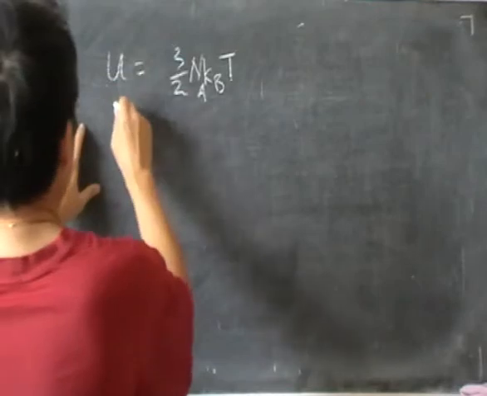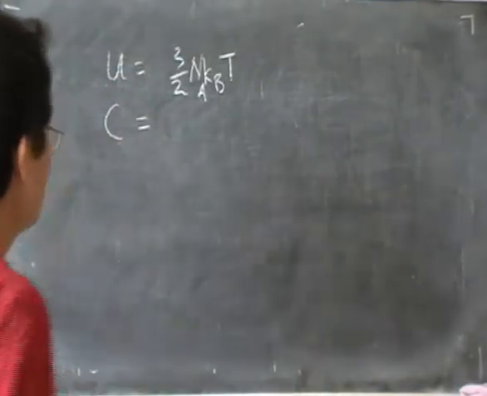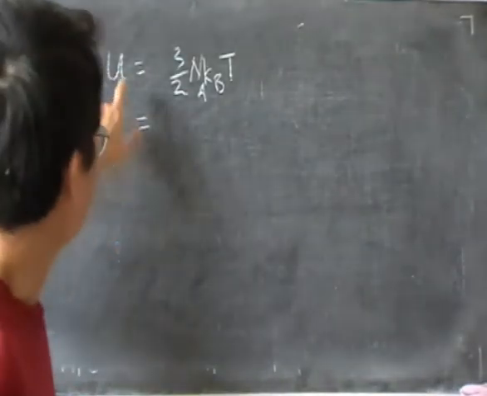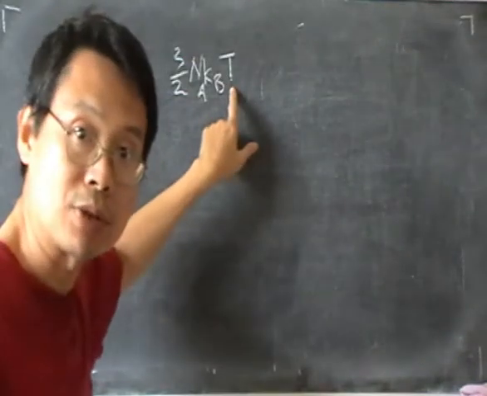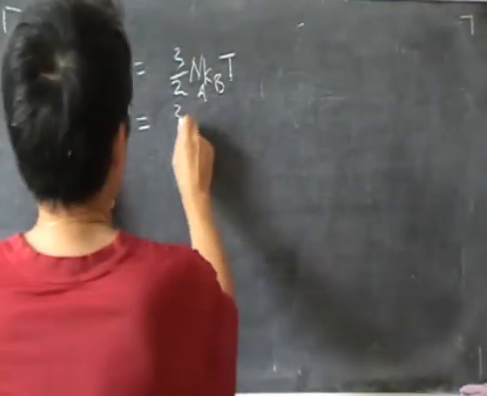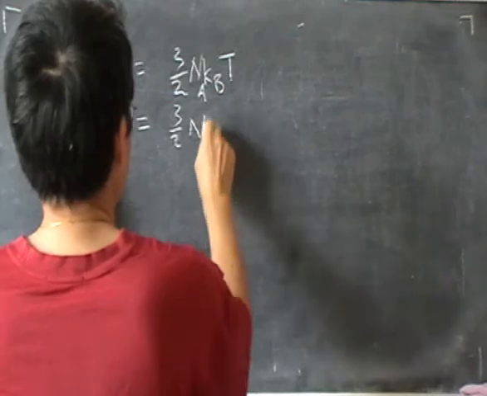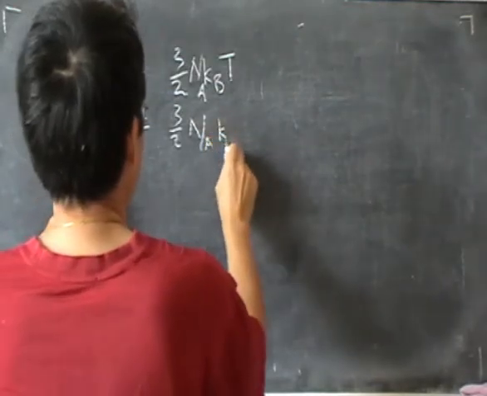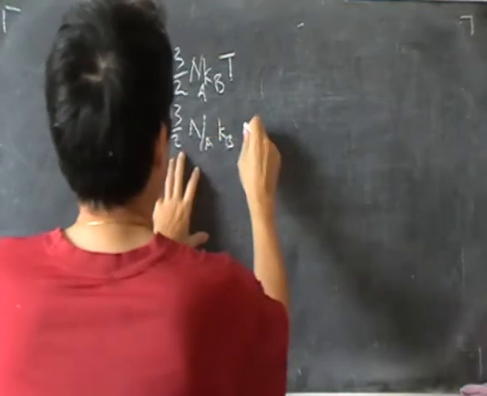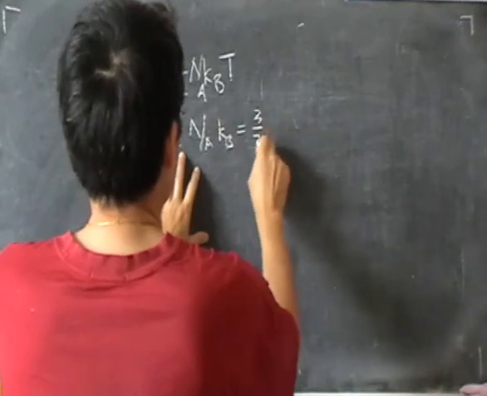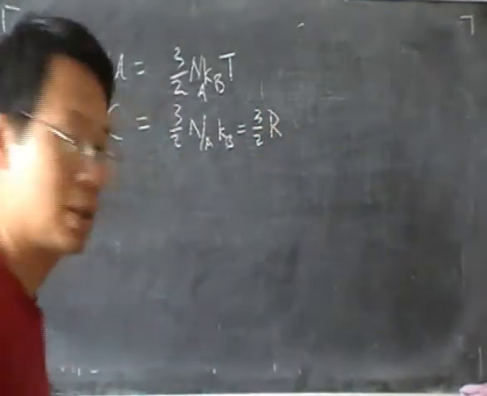The heat capacity we can get by differentiating with respect to temperature. That gives 3/2 nA kB, which can also be written as 3/2 R, R being the gas constant.